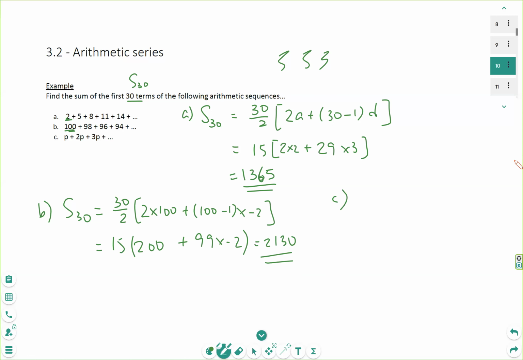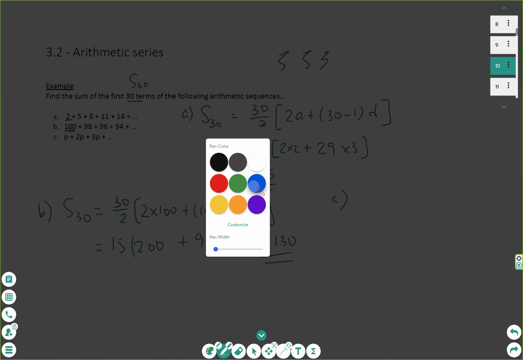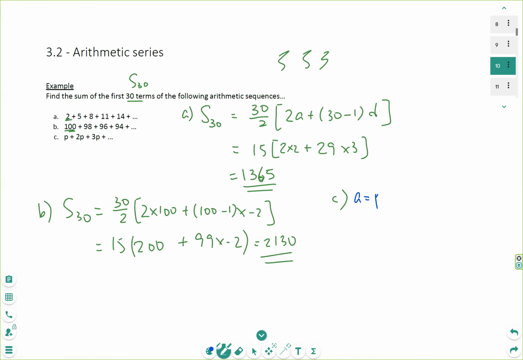And last but not least, part C. This time P, 2P, 3P, so let's write down. The first term, a, is P. The difference, from P to 2P, we're also adding P, so the difference is also P. n is 30.